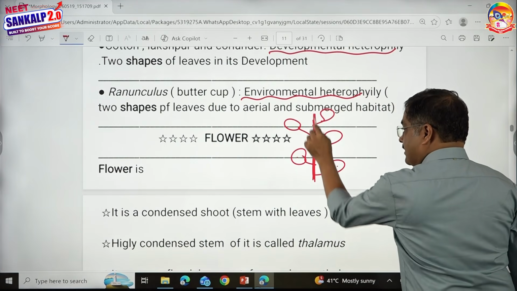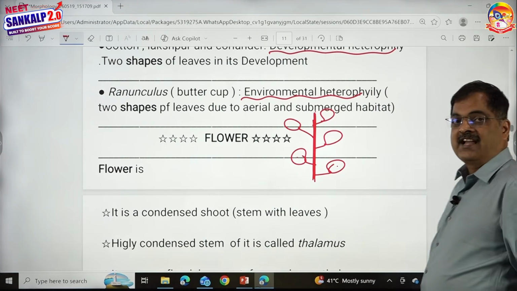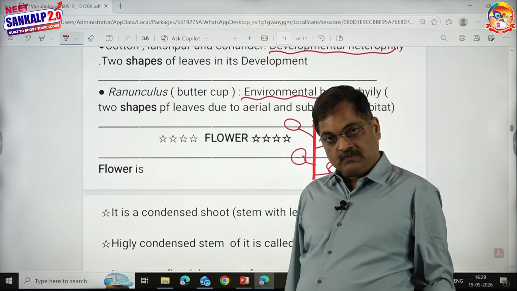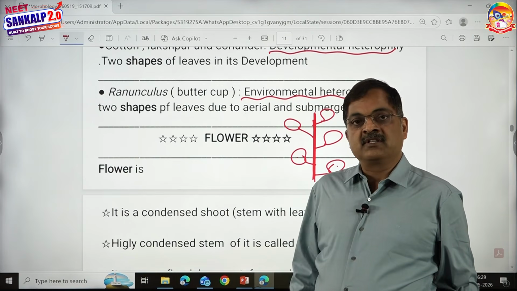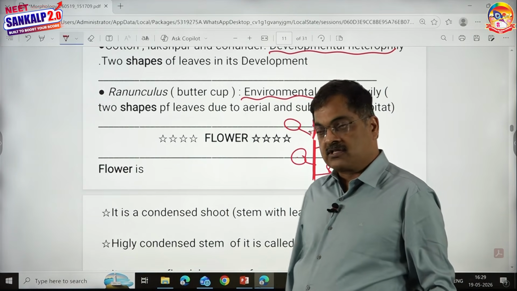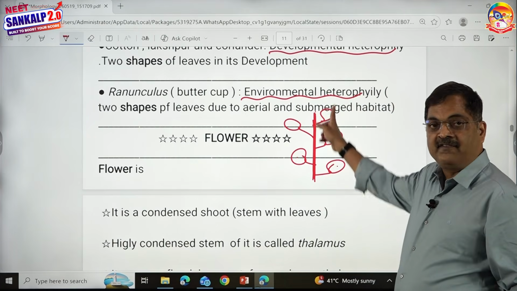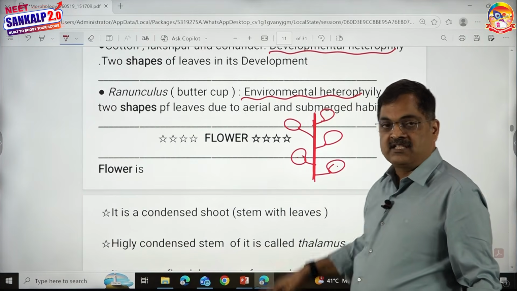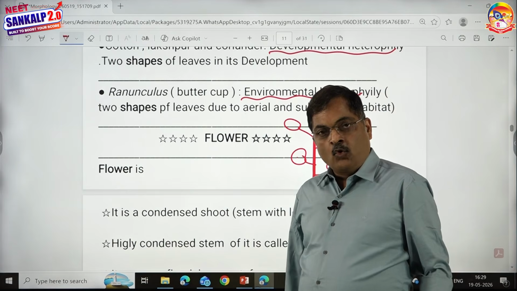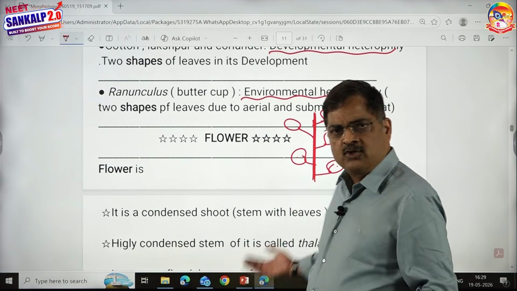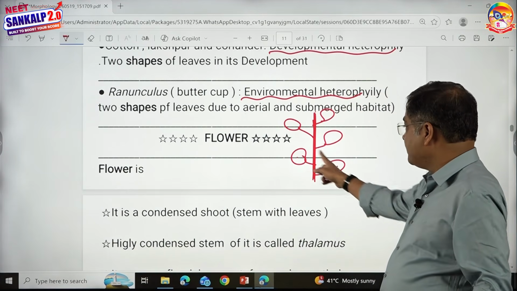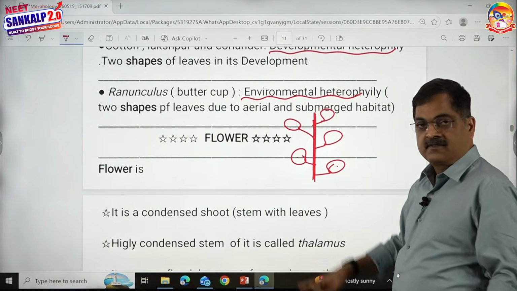This peduncle never ends in a flower. This type of arrangement is said to be racemose. Fabaceae members mostly show racemose inflorescence. Arrangement of flowers is acropetal. Opening of flowers is also acropetal, meaning opening is from base to tip. This is going to open first, then this, then this, then this, and then this.